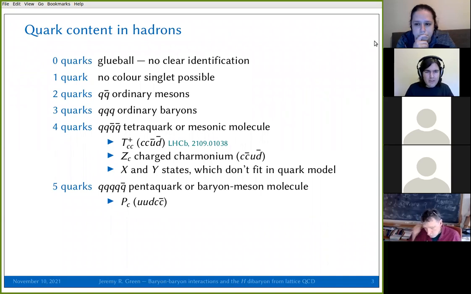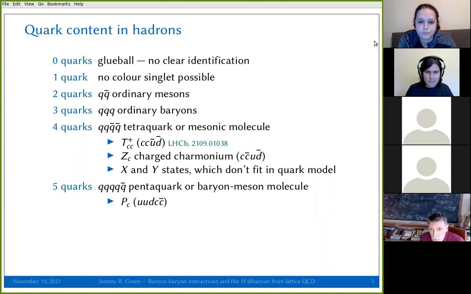The most recent of these, from this last summer, was the so-called T_cc state that unambiguously, from its flavor quantum numbers, has four distinct quarks, or two charms, and a u-bar and a d-bar. Before that, we had the charged charmonium, and also the X and Y states that don't fit into the standard quark model predictions. There's been a huge effort to understand these. We've also seen pentaquarks coming from LHC studies that look like perhaps a proton plus charmonium.